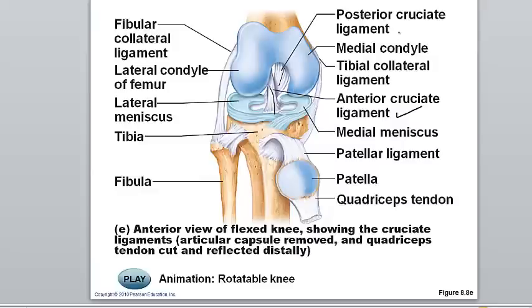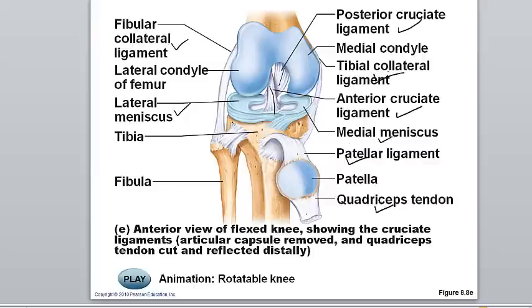These two are the other ones you need to remember, along with the medial meniscus and lateral meniscus over here. Here are the fibular collateral and tibial collateral. All the structures I have marked here, you need to know: lateral meniscus, medial meniscus, patellar ligament, quadriceps tendon, posterior cruciate ligament, anterior cruciate ligament, fibular collateral ligament, tibial collateral ligament.